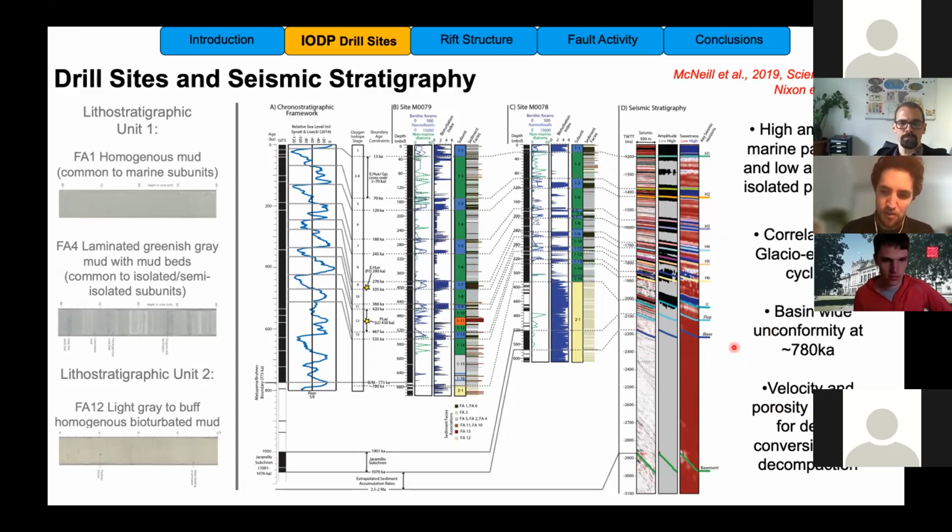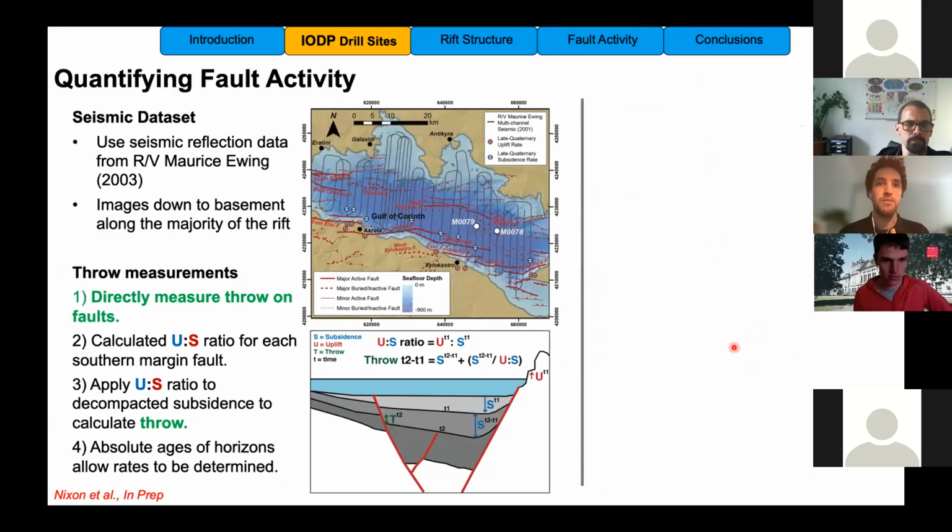So that kind of introduces the cores, but why is this important for the fault network? Well, using the seismic data that we have offshore, we use this RV Maurice Ewing data set, which has these numerous north-south profiles covering the majority of the rift, and they image all the way down to basement.